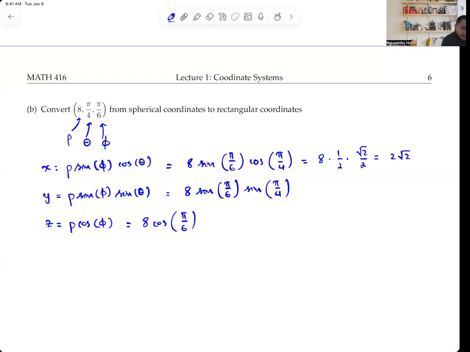And for the y component, you get 8 times, what is sine of pi over 6? So root 3 over 2. Oh, sorry, 1/2 again. And sine of pi over 4 is root 2 over 2. So you get 2 times root 2. And cosine of pi over 6 is root 3 over 2, so you have 4 times root 3.